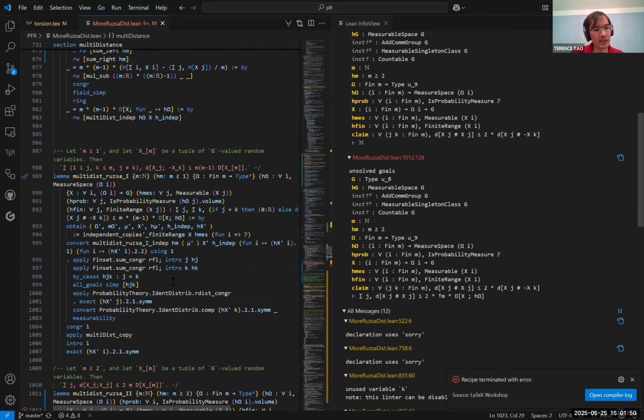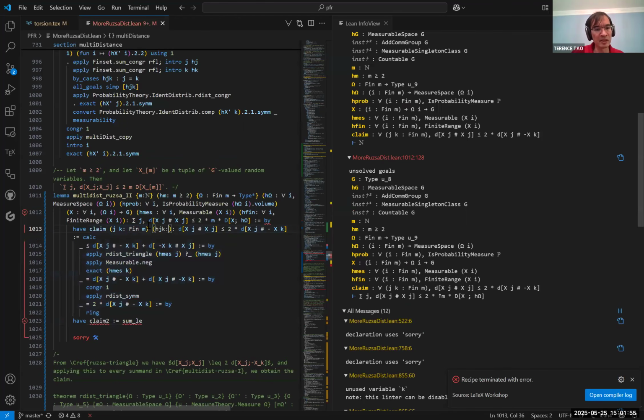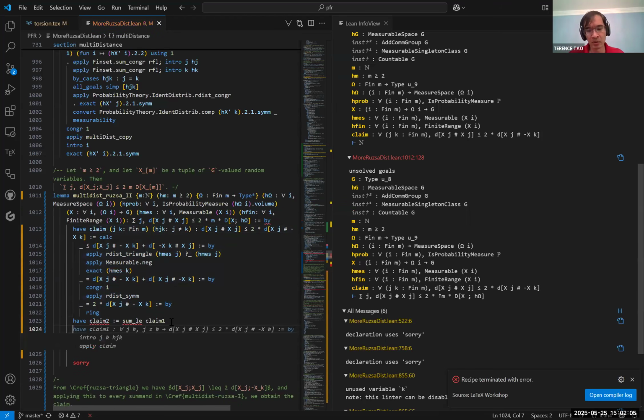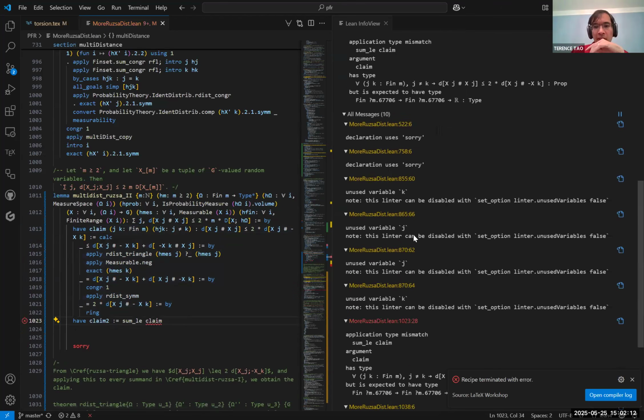So in claim 1, I'm going to insert this useless hypothesis, which is harmless, but it allows me to apply this. Why is it complaining now?